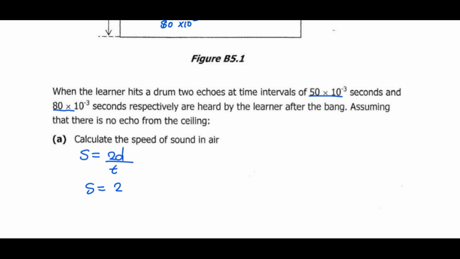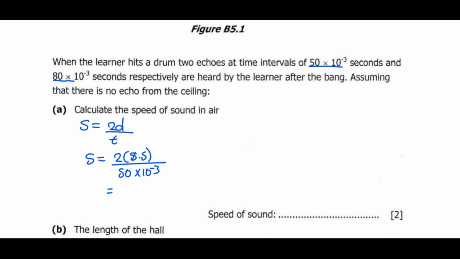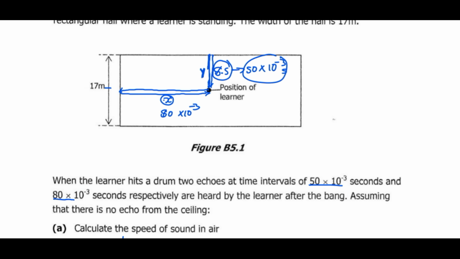So it's 2 times the distance we said is 8.5 over the time. The time is 50 multiplied by 10 to the power negative 3. So where is this 8.5 coming from? We said we just want half of this, so it's 8.5. So that's why we are getting that.